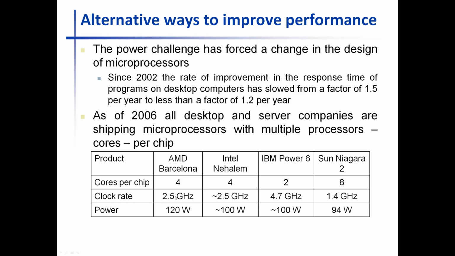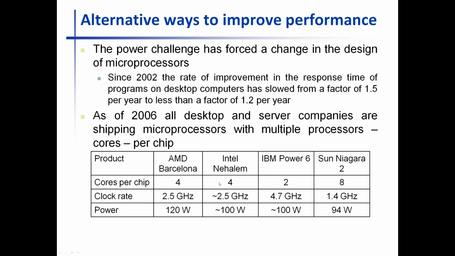Now, these are some processors that entered the market around this time. These are different manufacturers, and you can see the number of processor cores, or processors, on the same chip. They keep increasing, right? This AMD Barcelona chip had 4 cores, 4 processors.